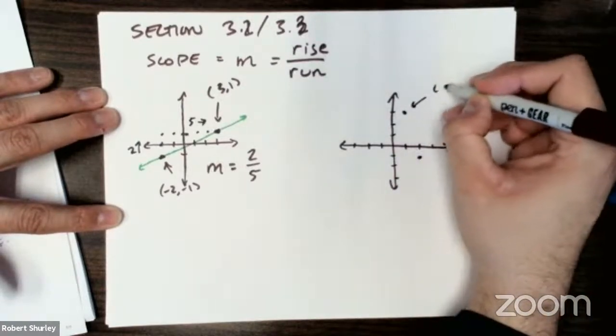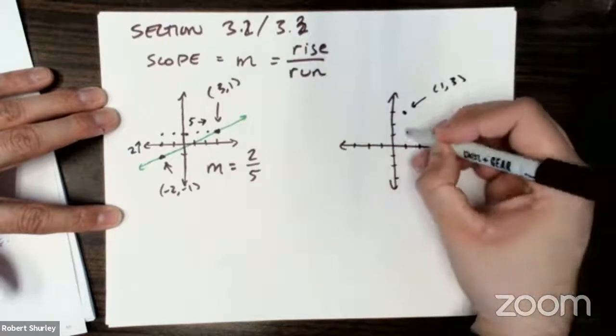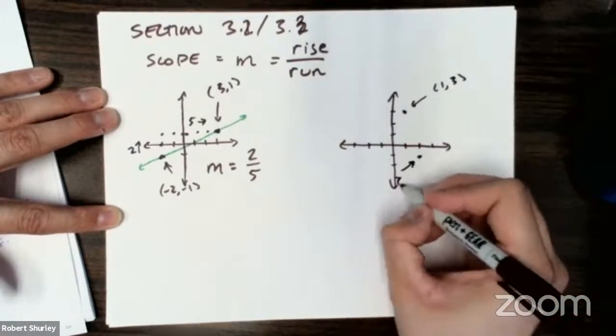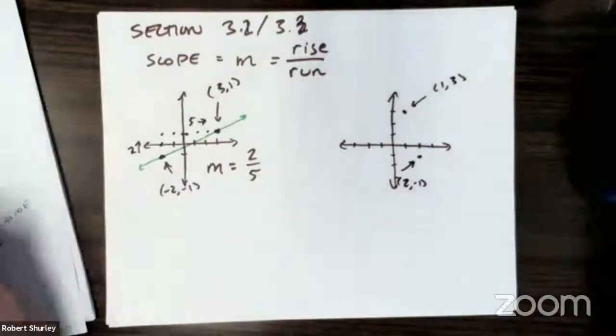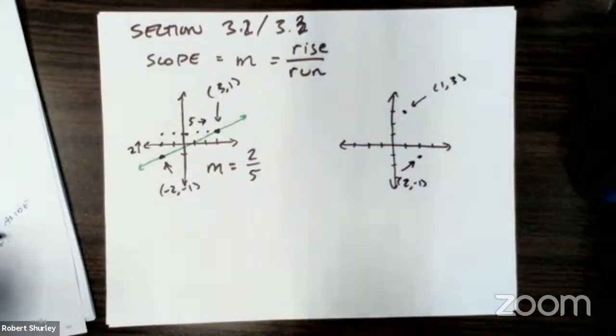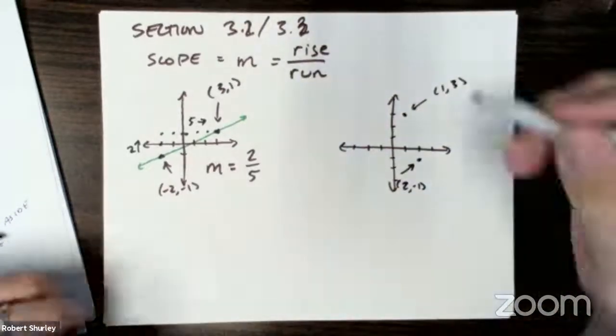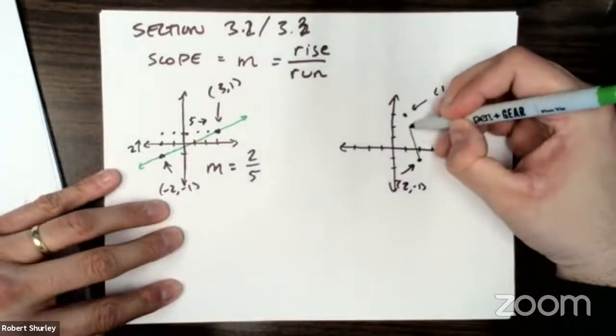So you've got (1, 3), and then you've got over 2, down 1, so (2, -1). We connect the dots. So we know that this line goes through these 2 dots.